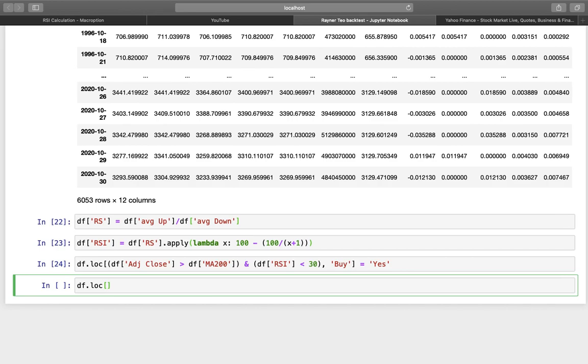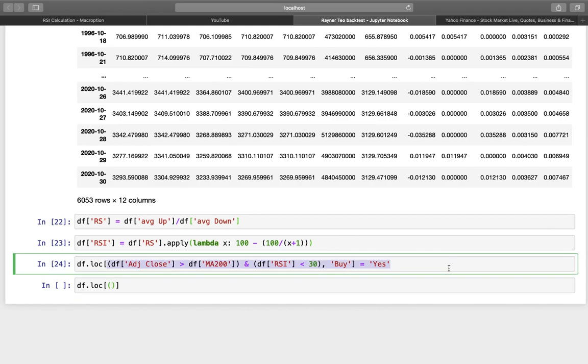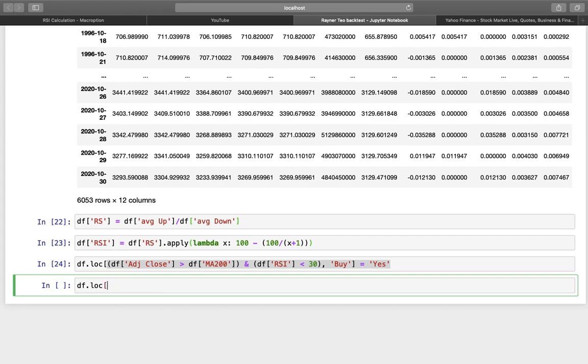So again, I'm using a locator, define our first condition, and let's just copy that. It's a bit faster here. So we are defining that as the moving average is above the adjusted close price, or, now it's an or operator, the RSI is larger than 30, we want to get a no here.